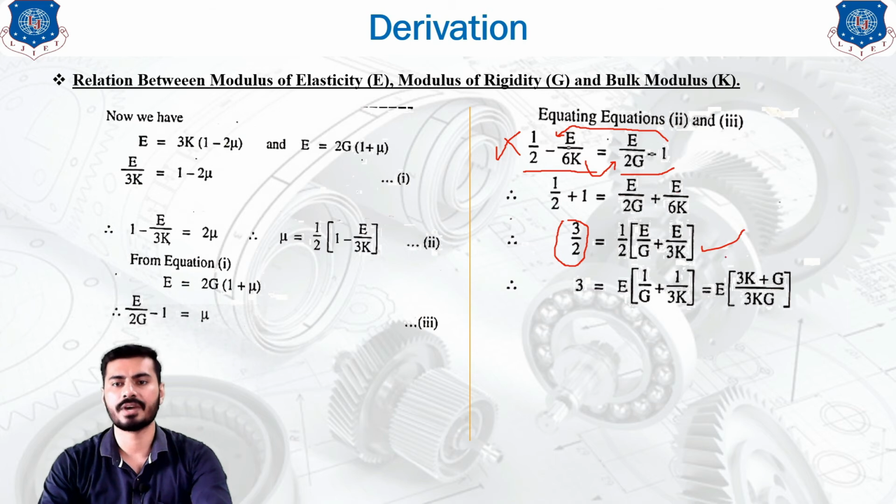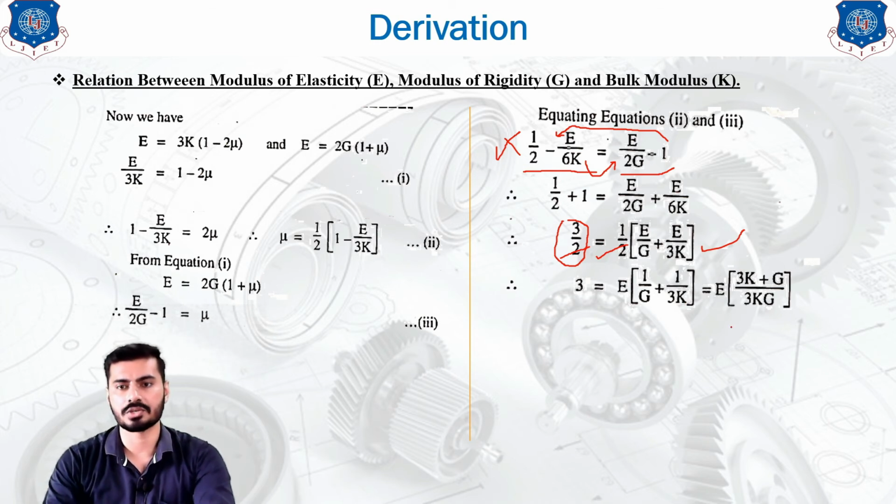Now if we simplify this equation further, we can cancel out 2 over here and 2 from here. So the rest of the equation would look like this, that is 3 equals E into (1 by G plus 1 by 3K). If you take the LCM from this equation, you get E into (3K plus G) upon 3KG.